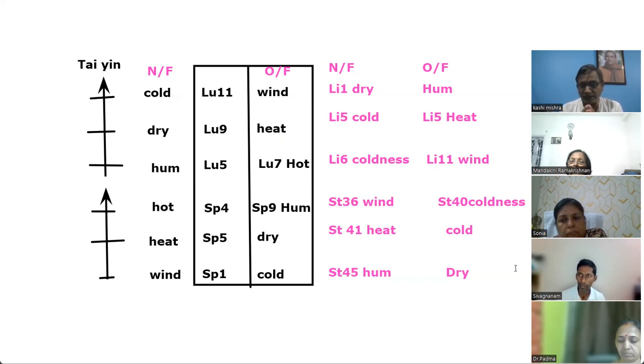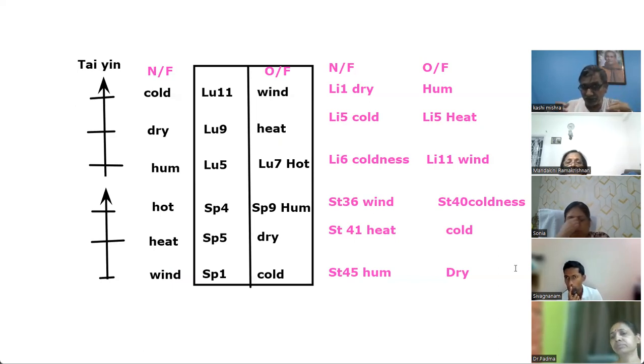We knew that large intestine is having the chi generated by lungs. Now what are we seeing? The properties of the chi in the large intestine meridian and the properties of the chi in the stomach meridian are similar. The only thing is that their status is different.